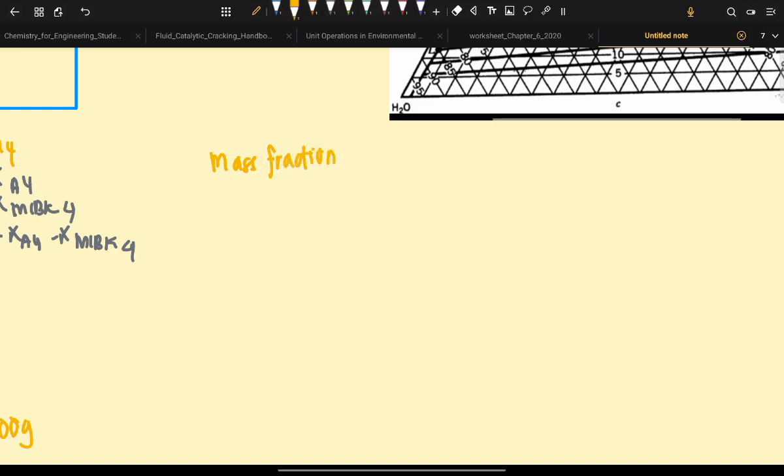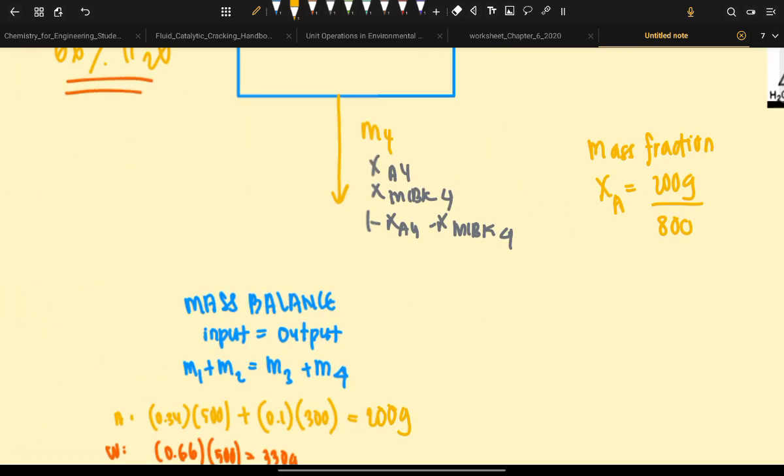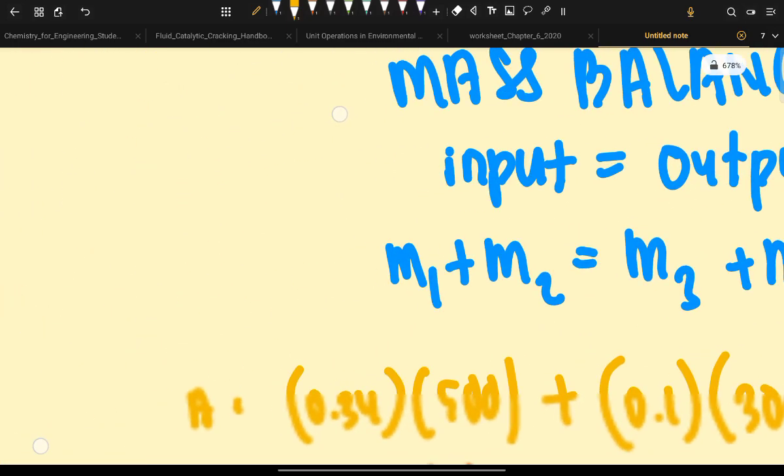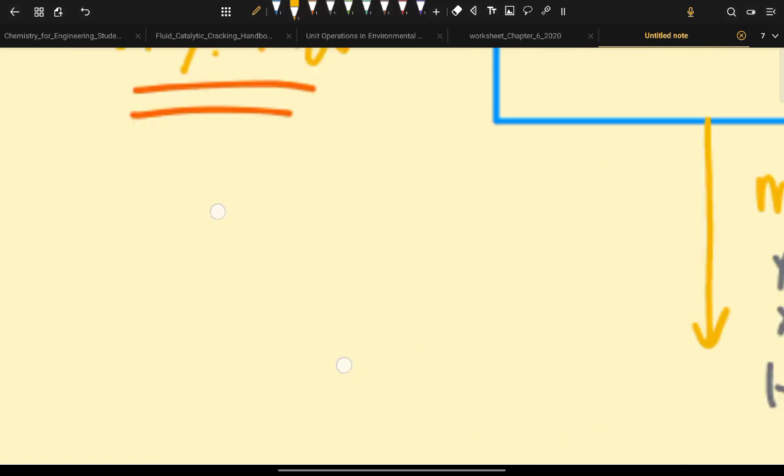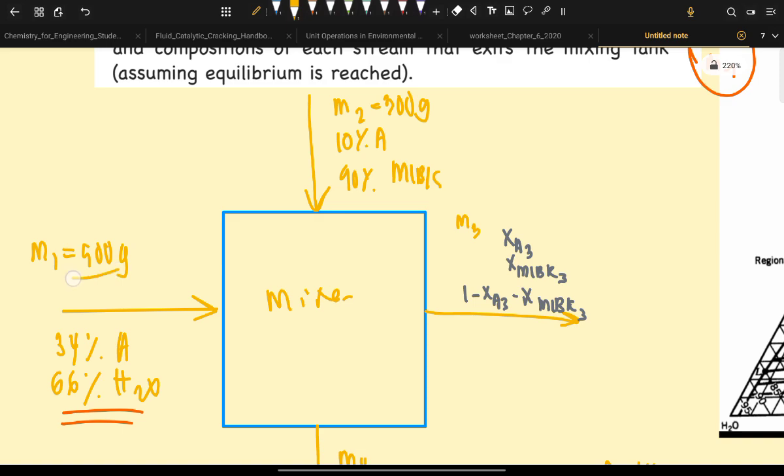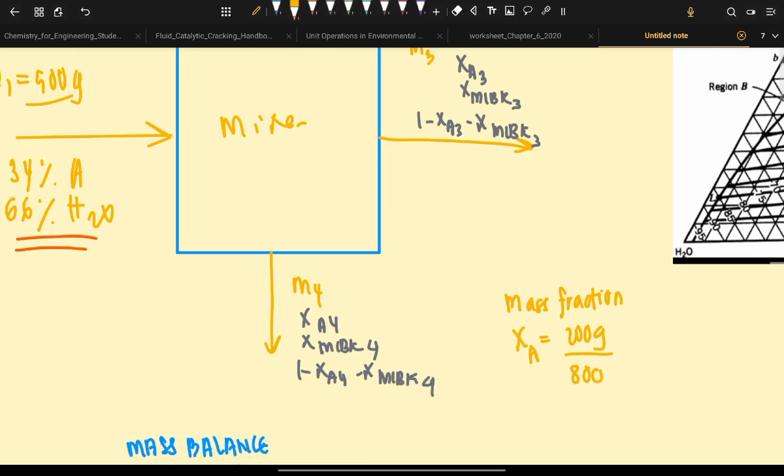Okay, so acetone equals to 200, we got just now, over 800, because mass input equals to output, which is 500 plus 300, and you get 800 gram for M3 and M4.